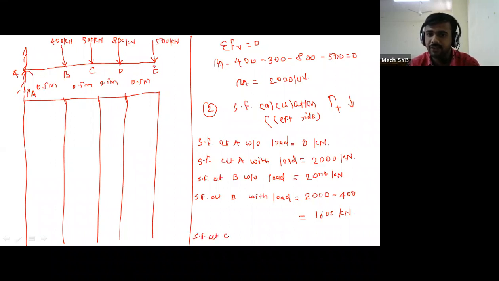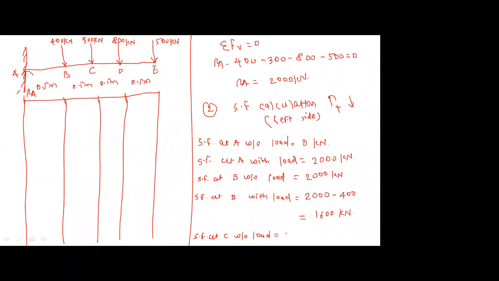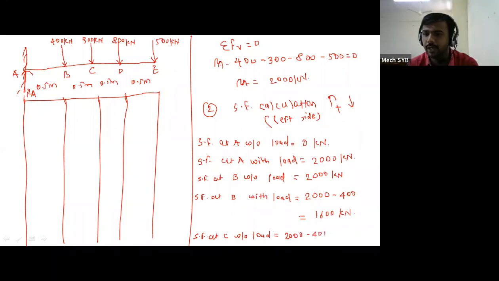Then next, SF at C, again there is a without load. Tell me number of forces present at the left side of point C in without load condition. 2. So 2000 minus 400 is equal to 1600.